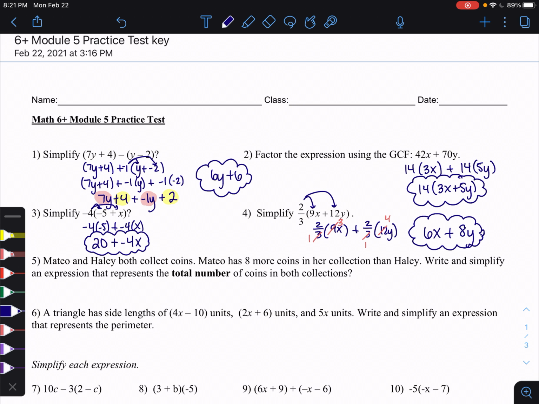Number 5 says Mateo and Haley both collect coins. Mateo has 8 more coins in her collection than Haley. Write and simplify an expression that represents the total number of coins in both collections.